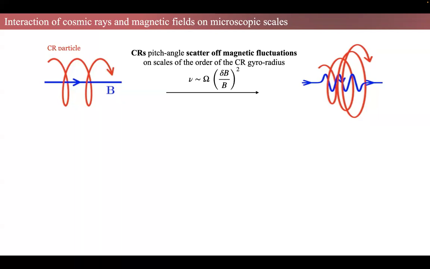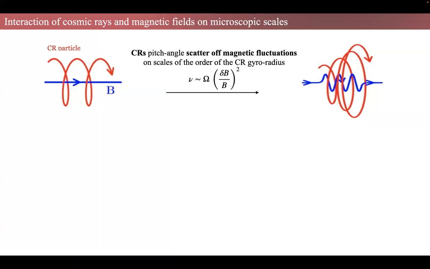In the presence of a uniform magnetic field, being charged particles, cosmic rays gyrate around and stream along magnetic field lines. Now, when they encounter Alfvén waves, which are transverse fluctuations of the magnetic field, with a wavelength comparable to the cosmic ray gyro radius, they pitch angle scatter off these waves.